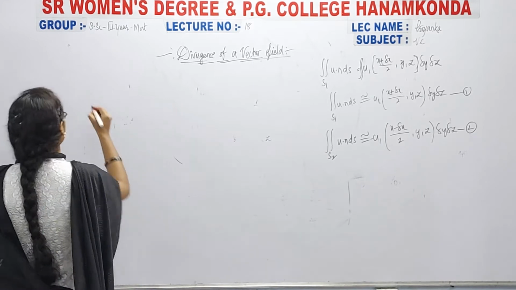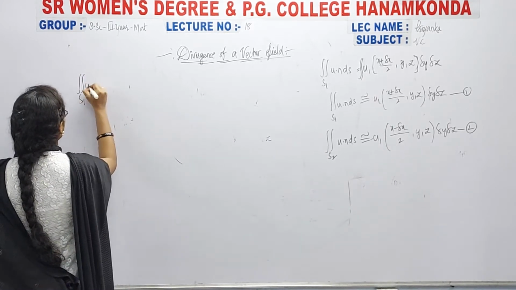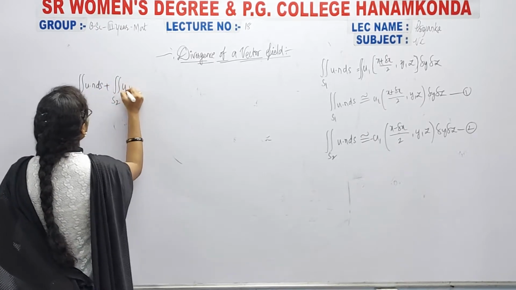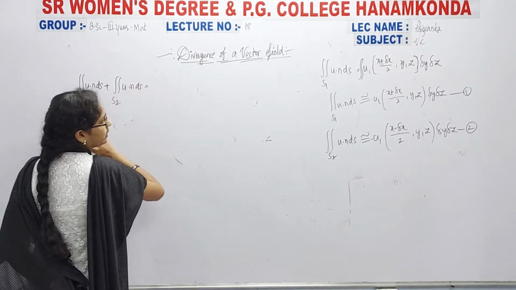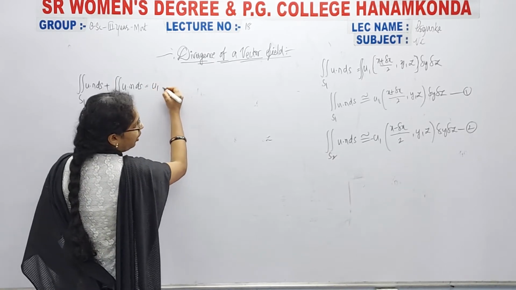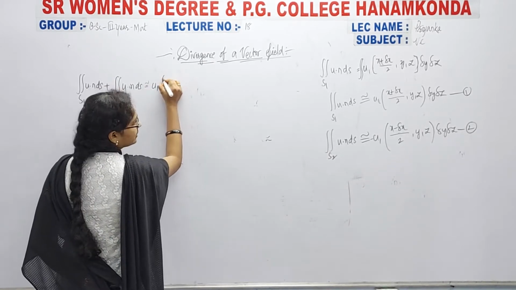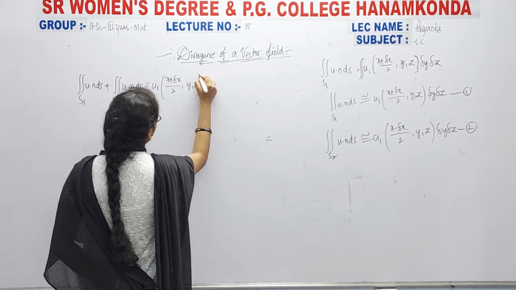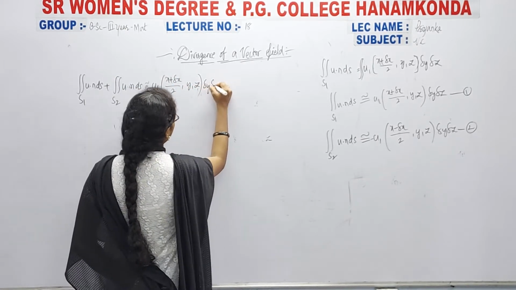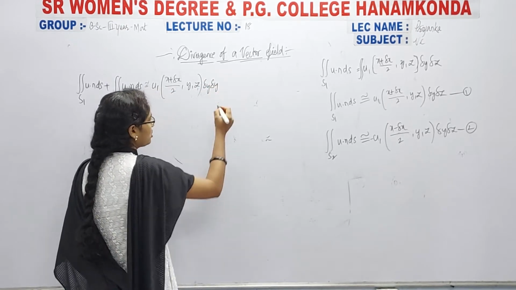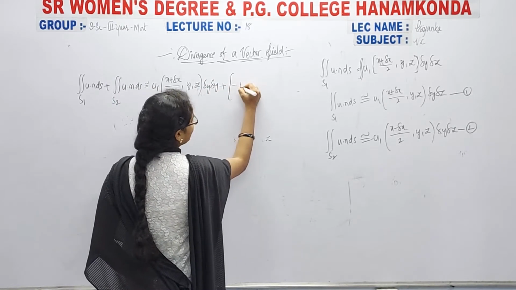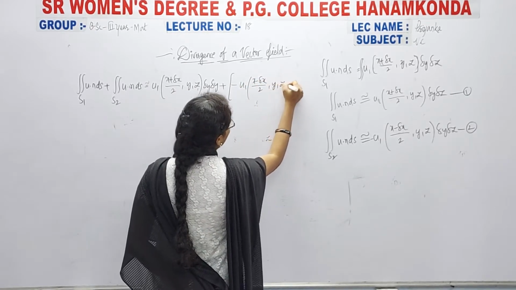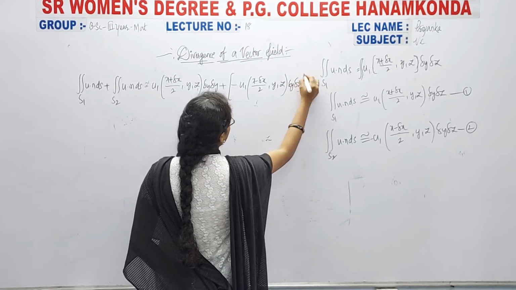Now see what we get: double integral over S1 of u dot n dS plus double integral over S2 of u dot n dS is approximately u1 of x plus delta x by 2 comma y comma z delta y delta z plus minus u1 of x minus delta x by 2 comma y comma z delta y delta z.